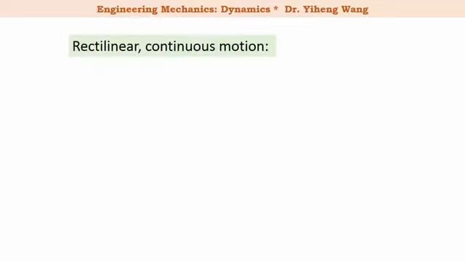Now let's look at rectilinear continuous motion. Rectilinear means that the path of motion is a straight line. So again, we want to set up a coordinate system so we can describe the positions of the particle using position vectors.